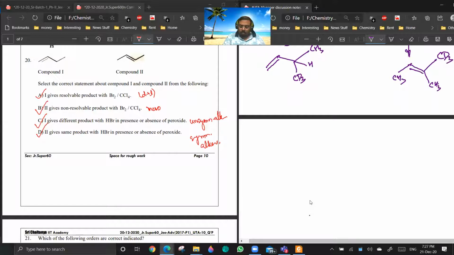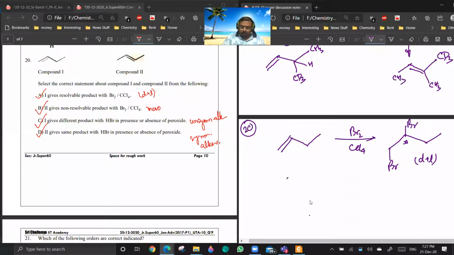How we are going to do this question is that you see, you are doing Br2/CCl4. Now you'll be getting something like this. It has got only one chiral center. Okay, getting the point? So it will be D plus L.